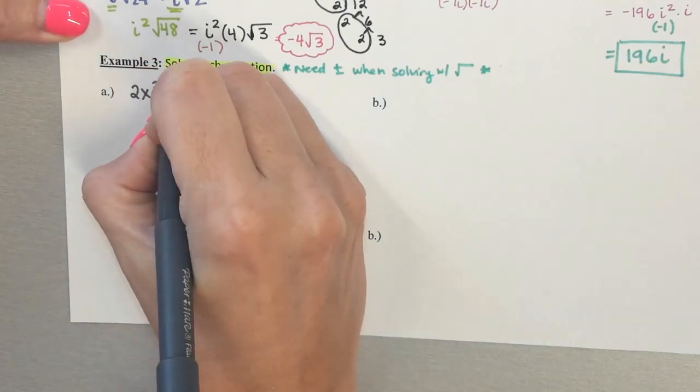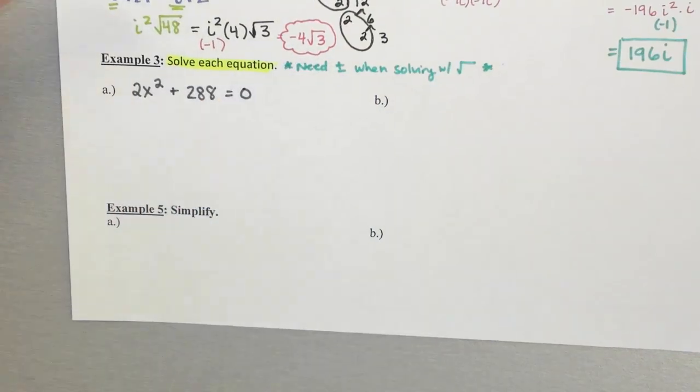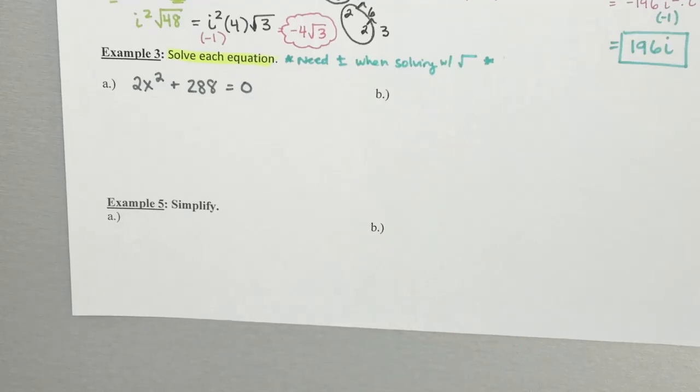So if you have 2x squared plus 288 equals 0, geez, some of you feel like you can do that without me? Okay, let's try to do. So you're trying to get x by itself.